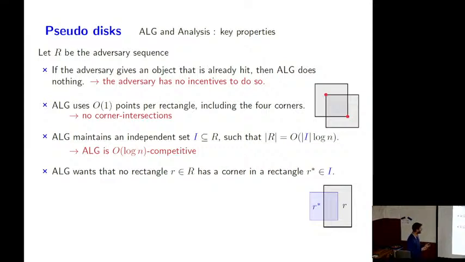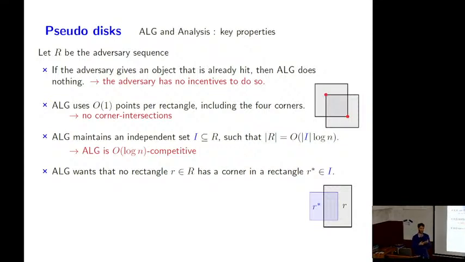Okay, so we need other ideas. What are the key properties of our algorithm? Let R be the sequence of objects. The adversary will never give an object that is already hit. Our algorithm uses a constant number of points, including the four corners of each rectangle. So the implication is that we cannot have such type of intersection in the sequence, right?